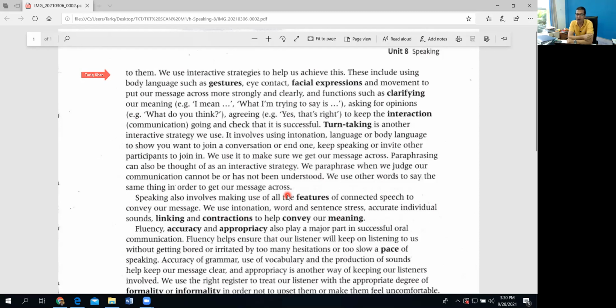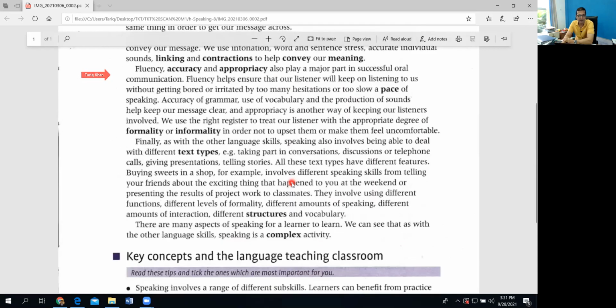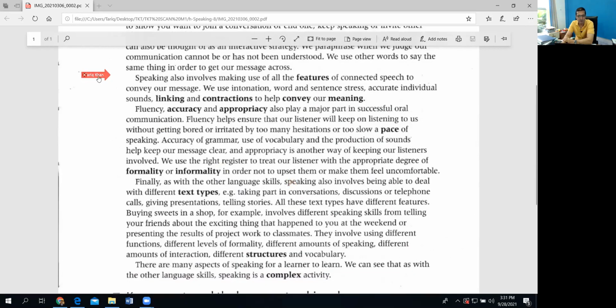When the students cannot get your point, then you use different words to convey the same message across. Like you say, okay, let's see, take this example. Then you say it in a different way. Or, okay, let me put it like this. So then you change the words, saying the same thing. That is called paraphrasing. It's also part of the interactive strategies which we adopt.